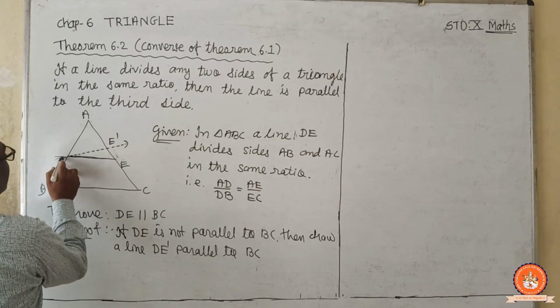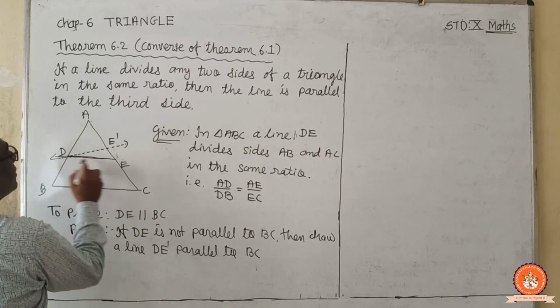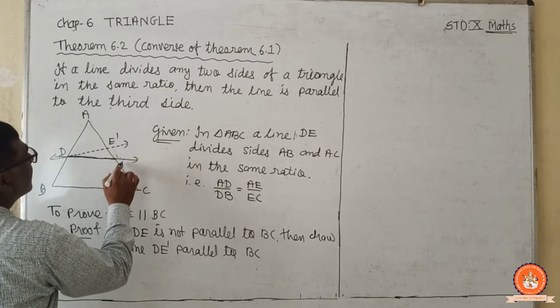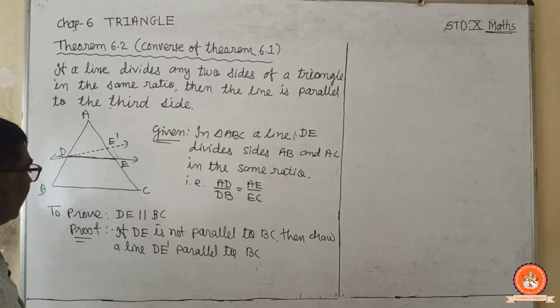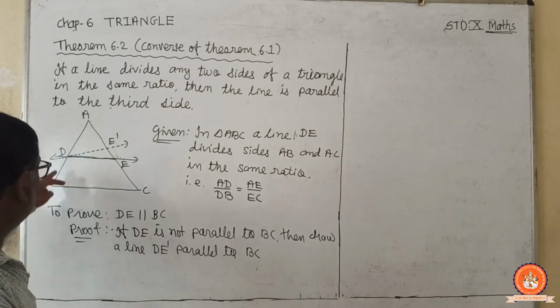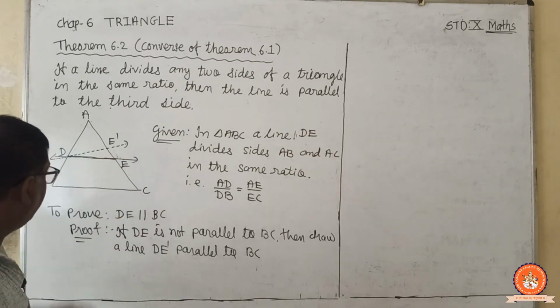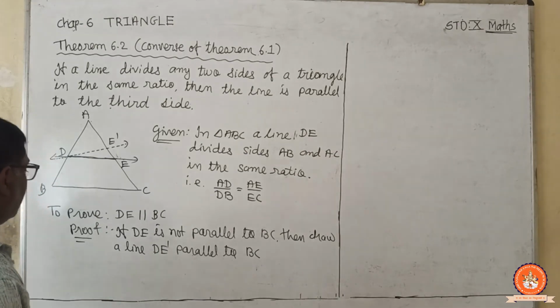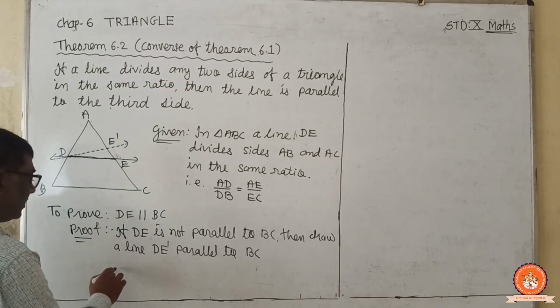DE was the line assumed not parallel to BC, so we draw a line DE dash which is parallel to BC.